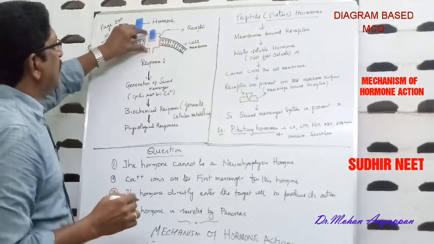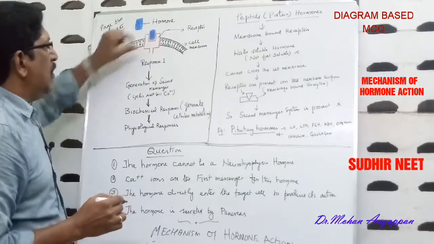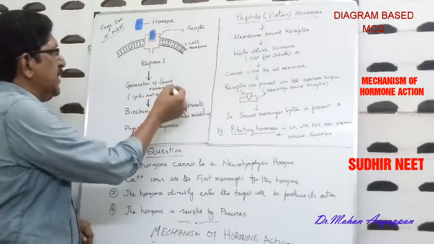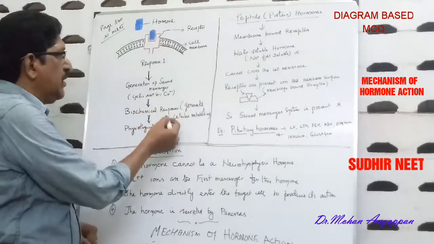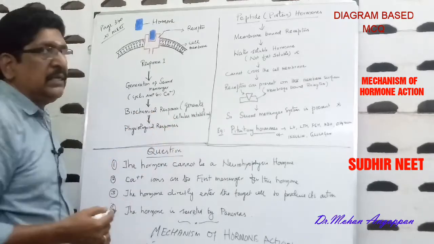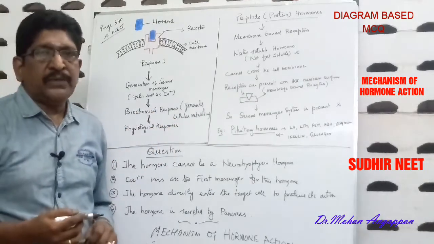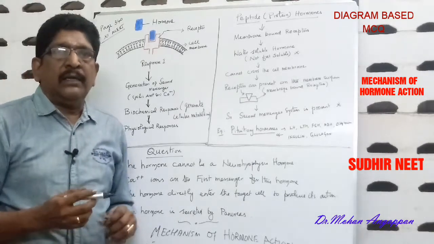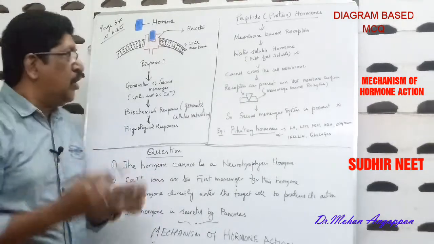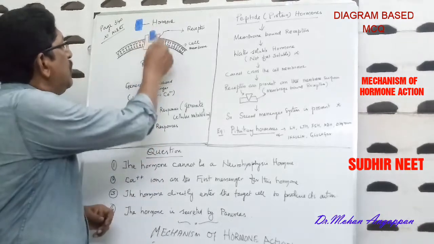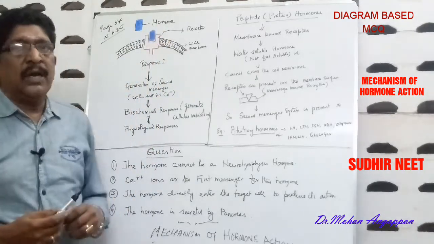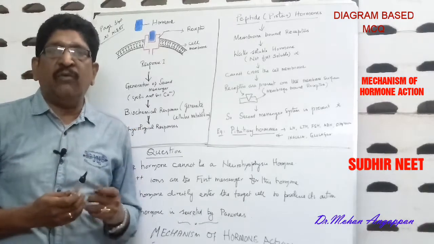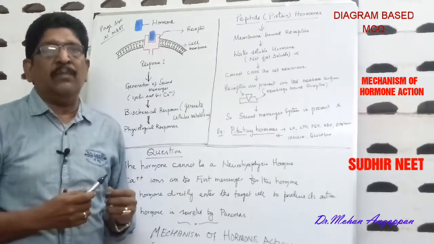And this forms the hormone receptor complex. Response 1, generation of second messenger, biochemical response and physiological responses. I told you in the last video, the hormone action will be based on this hormone receptor complex. The hormone will combine with the receptor to form the hormone receptor complex.